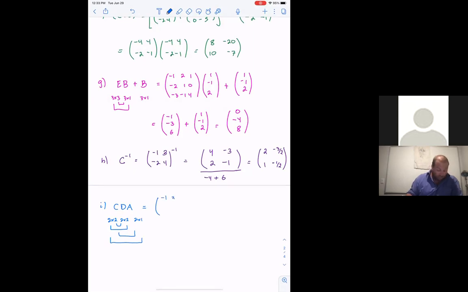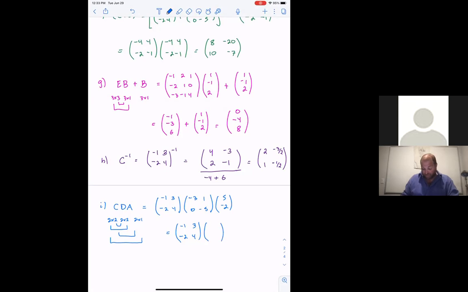C is [-1, 3; -2, 4]. D is [-3, 1; 0, -5]. And A is 5, -2. Of course, by the associative law, I can do this in any order. I can do the first two, then multiply by the third, but I think it'll be slightly easier to do the second and third.